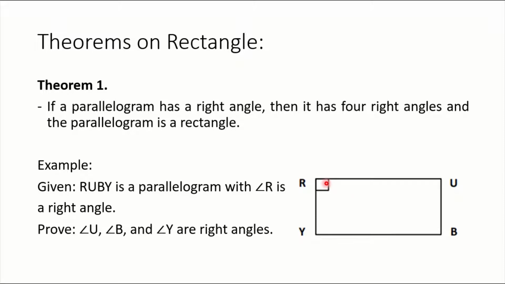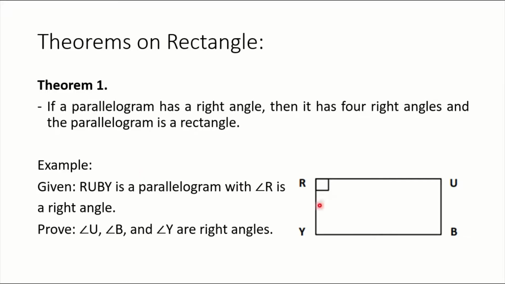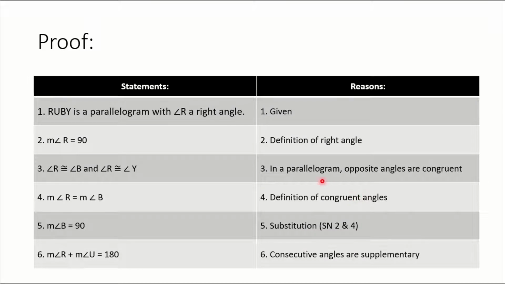So, R and B. Ito medyo may error lang, dapat ito ay U, kasi ang opposite ni Y ay si U. Okay? So, opposite angles are congruent. Therefore, the measure of angle R is equal to the measure of angle B, and that is the definition of congruent angles.